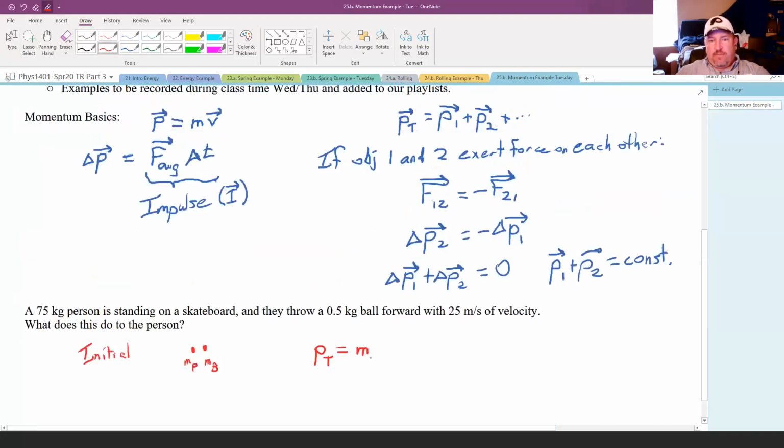So we would have mass person V of the person plus mass of the ball V of the ball is equal to 0, because both velocities are 0.